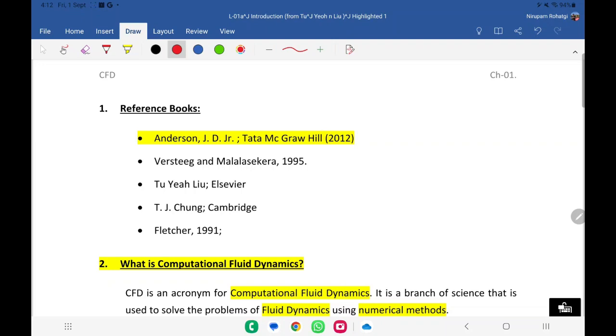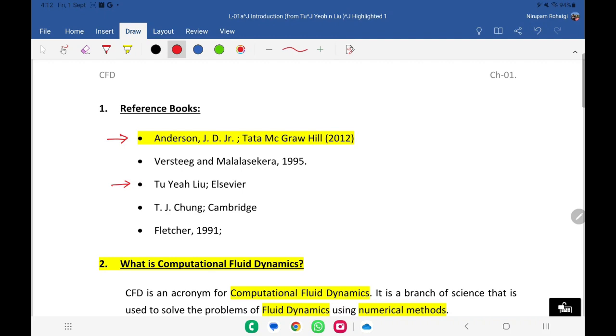First we begin with the reference books, and I told you that this is the one reference book which I prefer, and the other one is this two elsewhere. Okay, and as I told you that CFD is a very vast subject. None of these books is actually covering all the topics together, right?